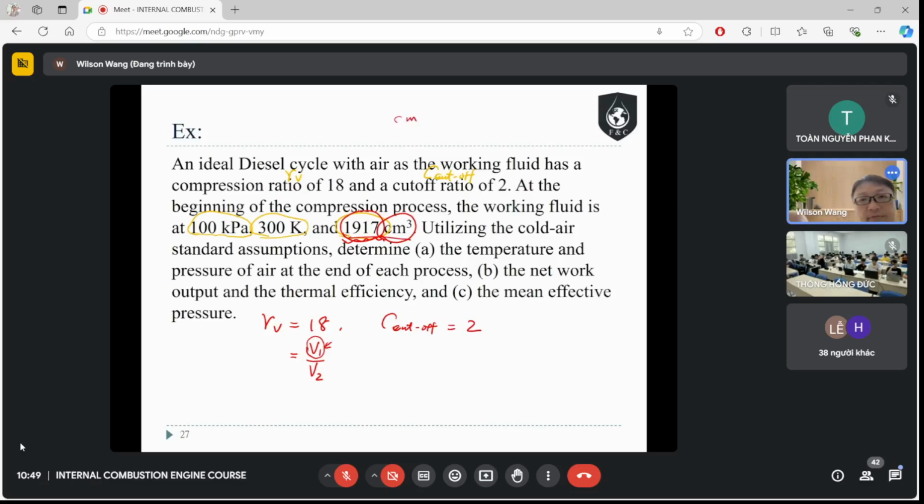But small v is the specific volume. Now they give you the pure volume, that's why I use the capital V. If I use a small v, that is the specific volume.